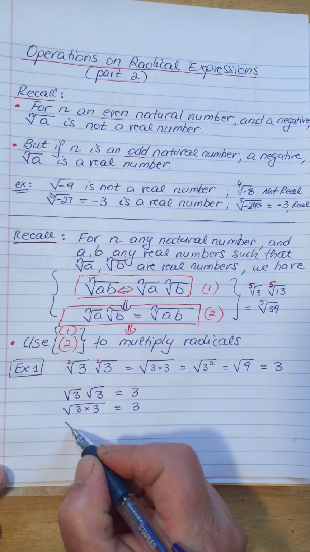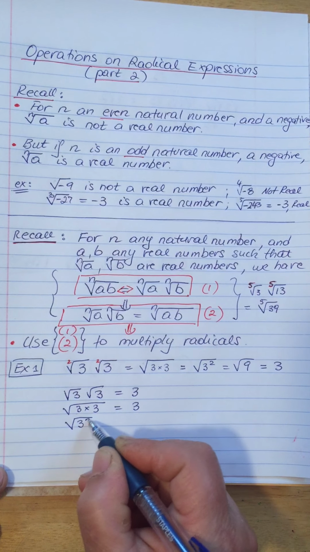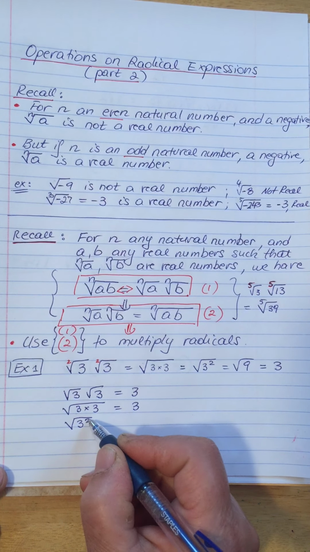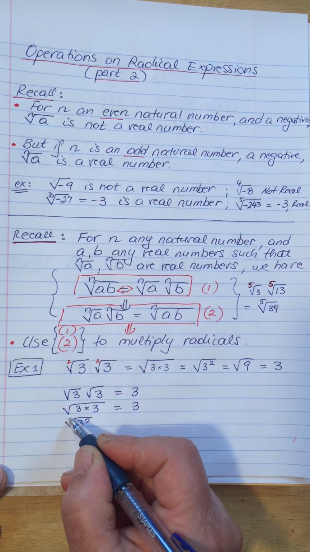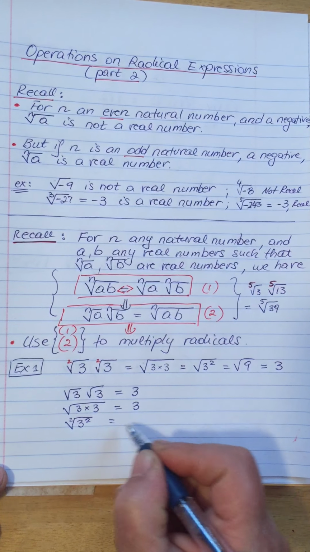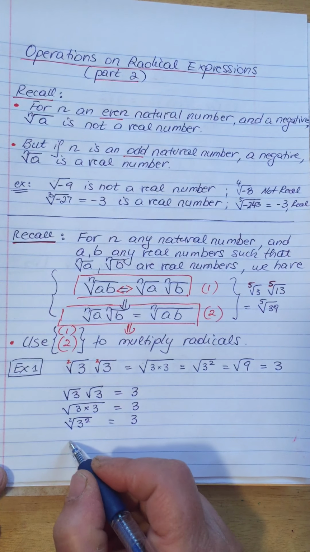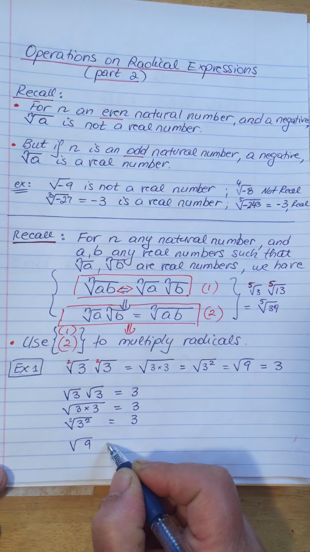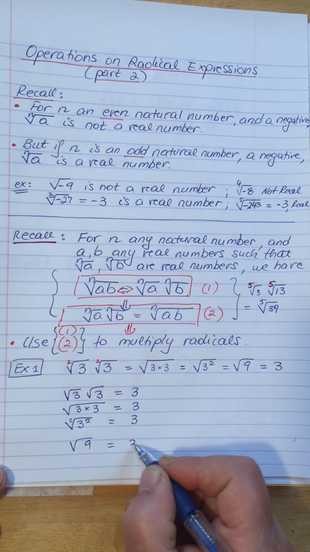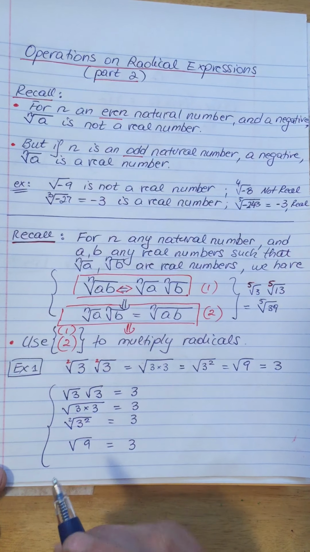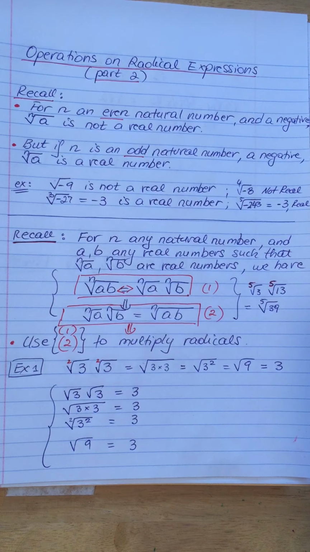Also, if you have the square root of 3 squared, the exponent on the radicand equals the index, so you get a 3 outside. And if you have the square root of 9, which you are familiar with, this is 3. All these three cases are the same.